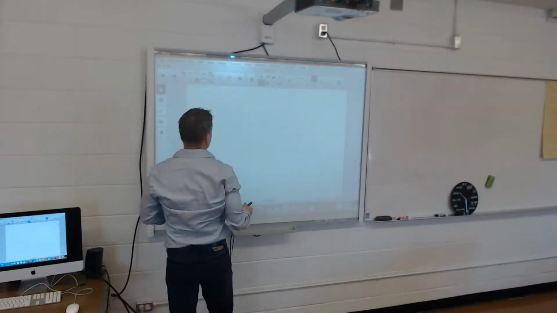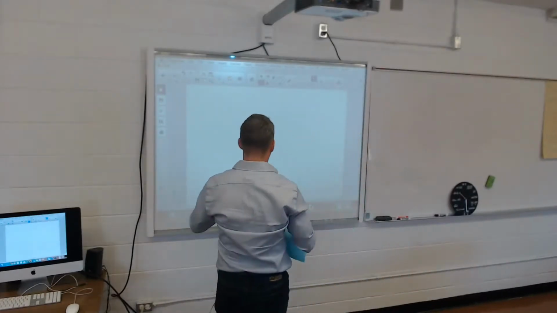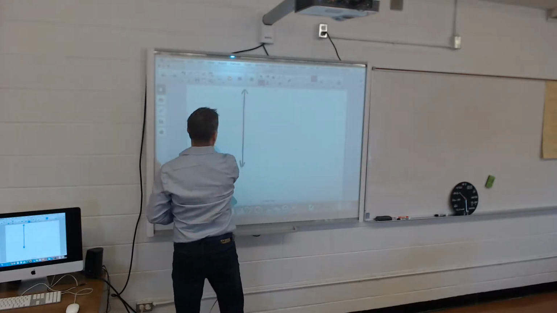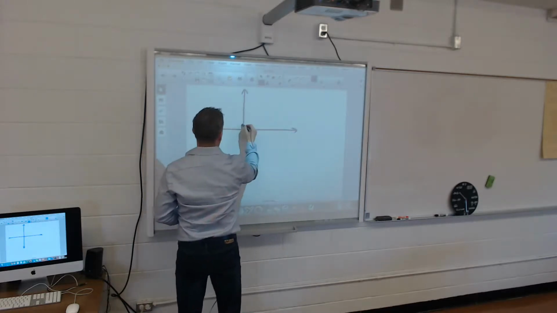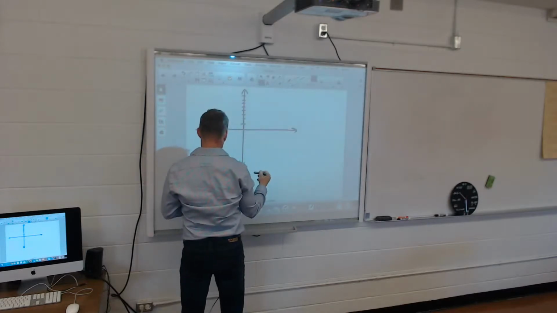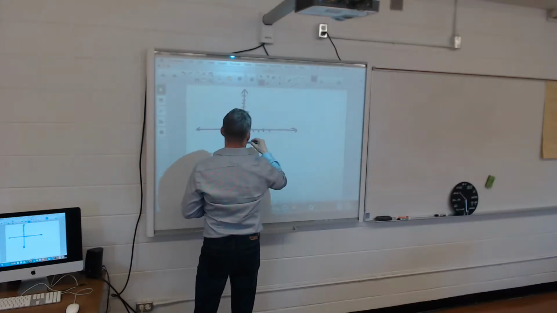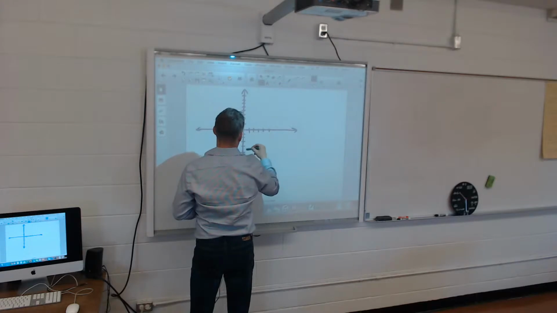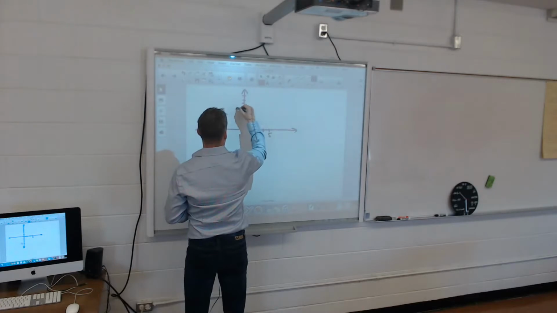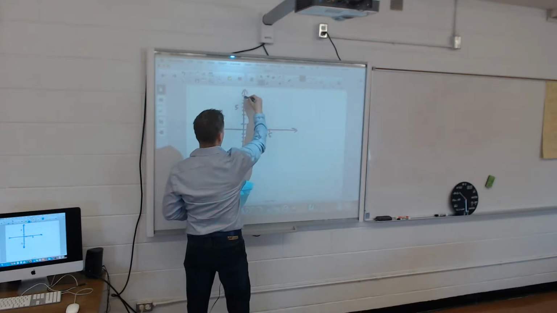All right. So the last one says plot the points. So we'll graph these quickly. The first coordinate was 0 and 8, which is right here.